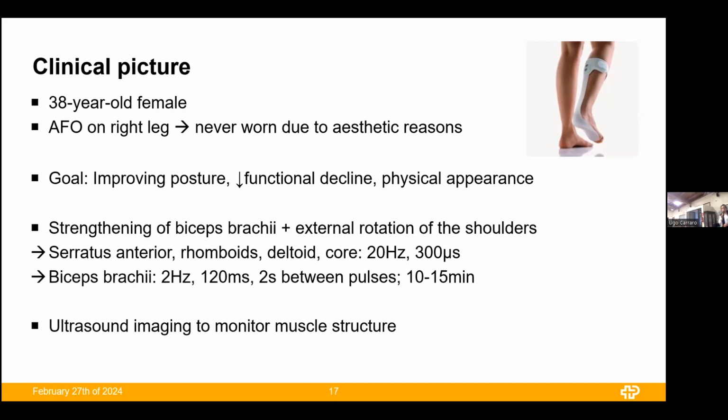For the biceps, which has denervation signs in it, we use long pulse stimulation and single twitches. So we use 2 hertz and 120 milliseconds. And we use ultrasound imaging to monitor the muscle structure.